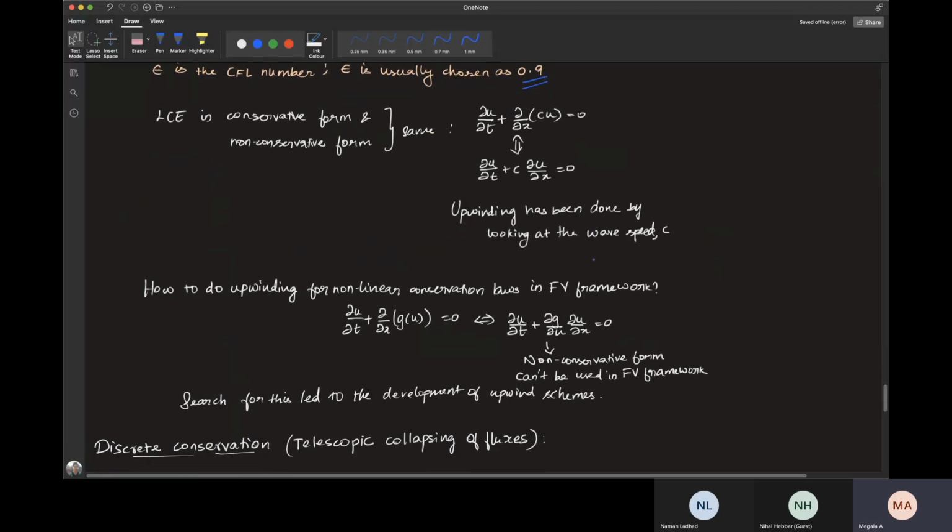So now let us look at conservative form and non-conservative form. So this is our first, the linear convection equation in conservative form.